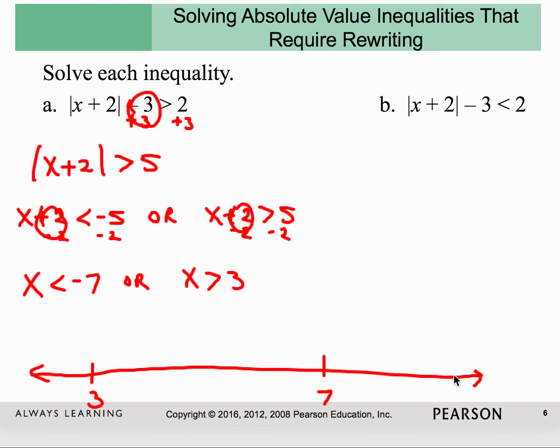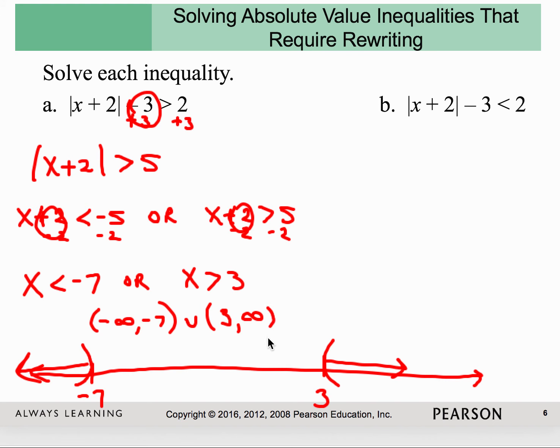Oh, negative 7 and 3, sorry. So x is less than negative 7 or greater than 3. So my interval looks like negative infinity to negative 7 or 3 to infinity.